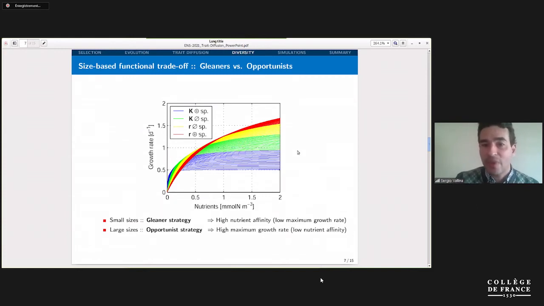On the other side of the spectrum, you have the red curves, which are the opportunist strategy. They are faster than anyone else. So the curves are above anyone else when the conditions are plentiful in nutrients. So these are the larger cells like diatoms, etc. And in the middle, you have the 2 intermediate situations. But basically, I'm assuming a linear opportunist trade-off along the size axis, from linears being the small cells and opportunists being the large cells.